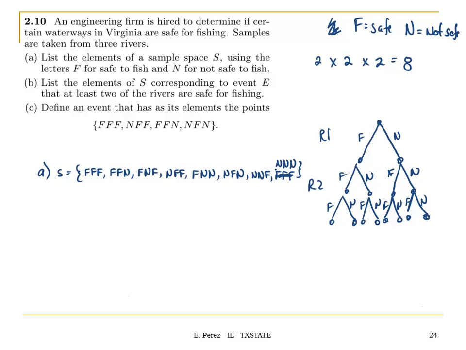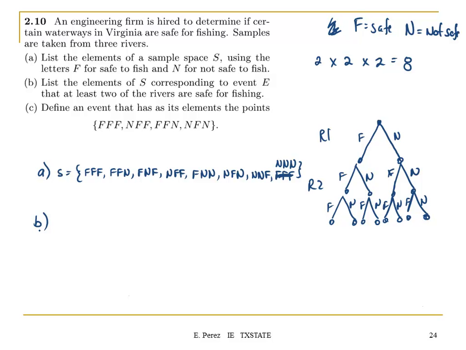What is the probability of having all of them safe? Again, 1/8. Okay? So part B: list the elements of the sample space corresponding to the event E that at least 2 of the rivers are safe for fishing. You're going to have to go through your sample space and find all the outcomes that have at least 2 F's.